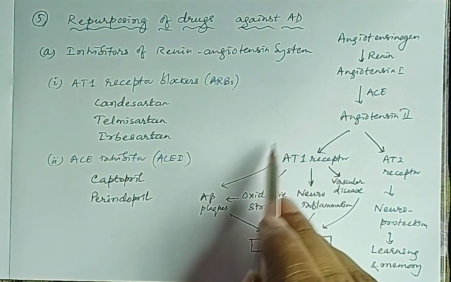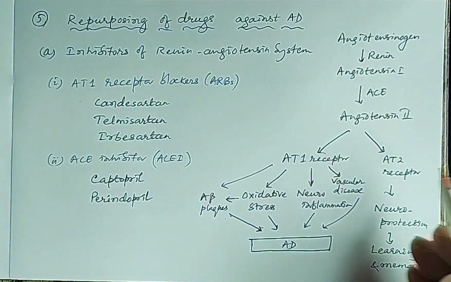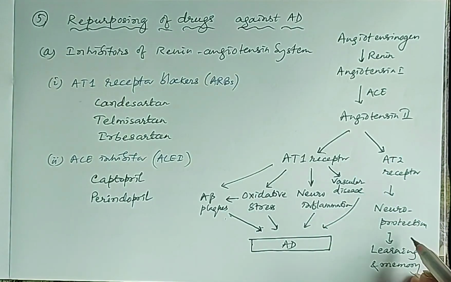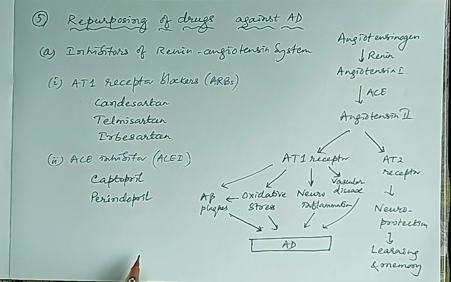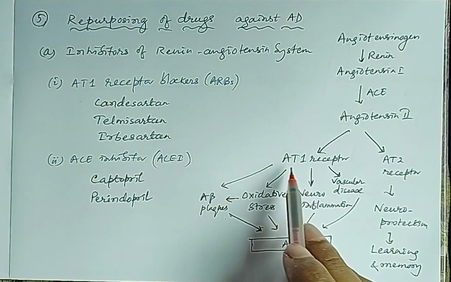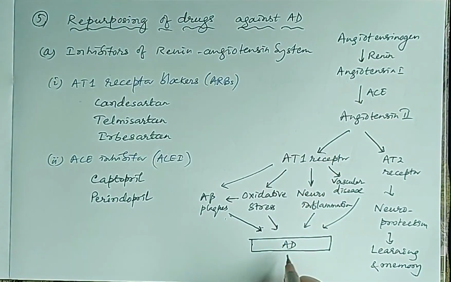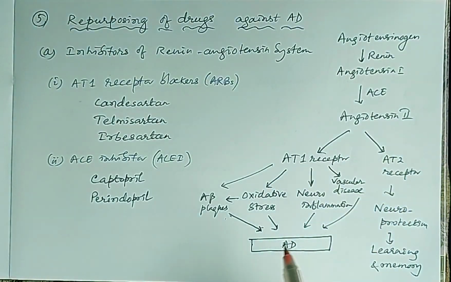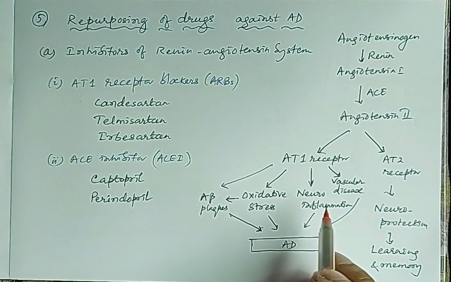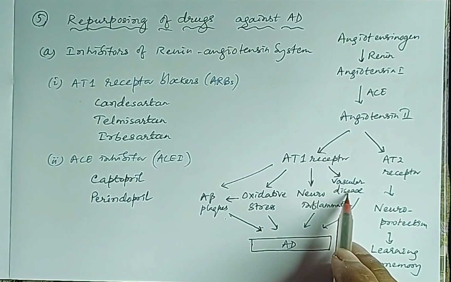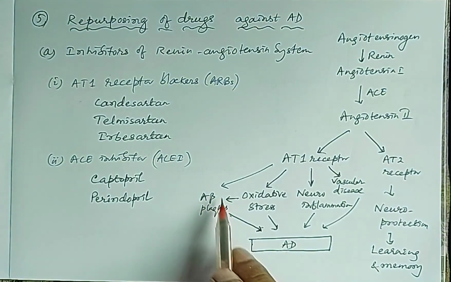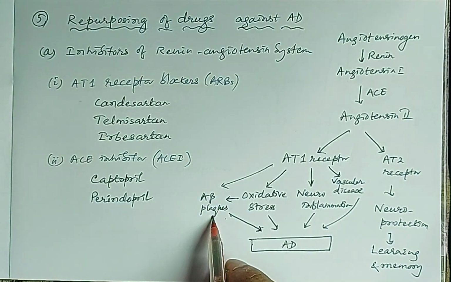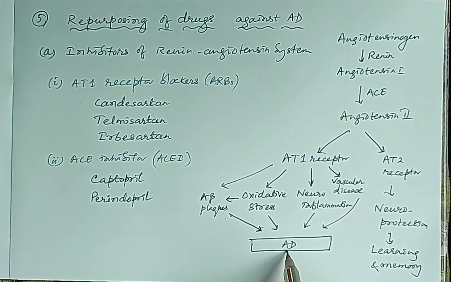When it acts on AT1 receptor, it causes neurotoxicity, and when it acts on AT2 receptor, it is neuroprotective, the opposite action. So AT2 receptor action is increasing learning and memory. AT1 receptor action is neurotoxicity causing Alzheimer's disease. AT1 receptor mediated angiotensin 2 actions are oxidative stress, neuroinflammation, some of the vascular diseases, and also increased formation of amyloid beta plaque, all causing Alzheimer's disease.